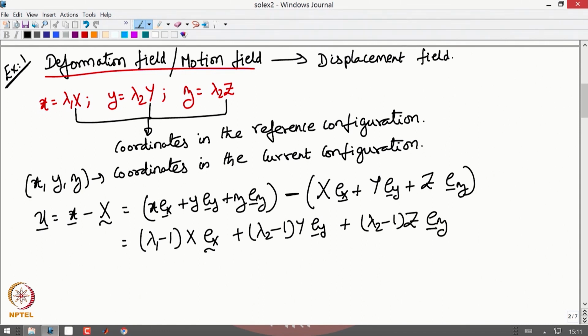Here I am assuming that the coordinate system used to represent both the reference and the current configuration is the same, which will typically be the case in many problems. So, this is the displacement field u written in terms of capital X, capital Y, and capital Z. This is called the material representation of the displacement field.